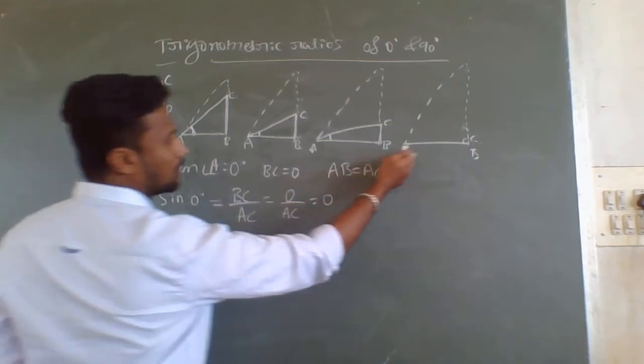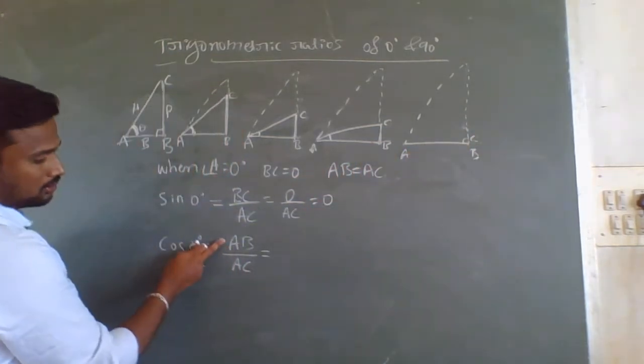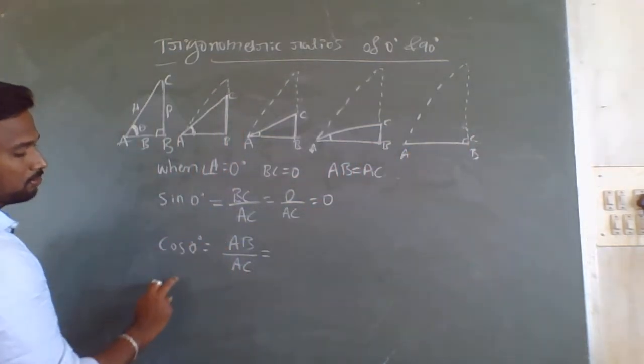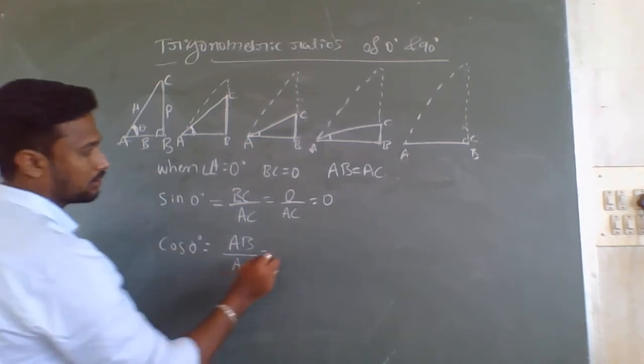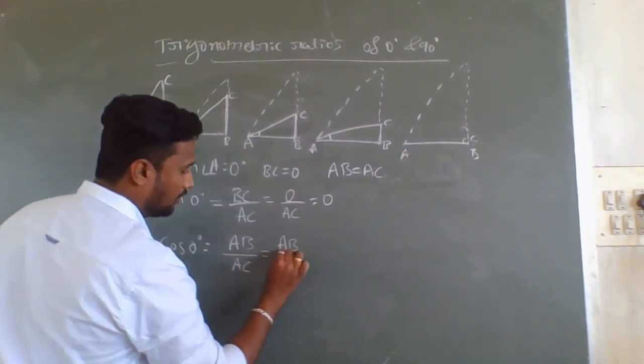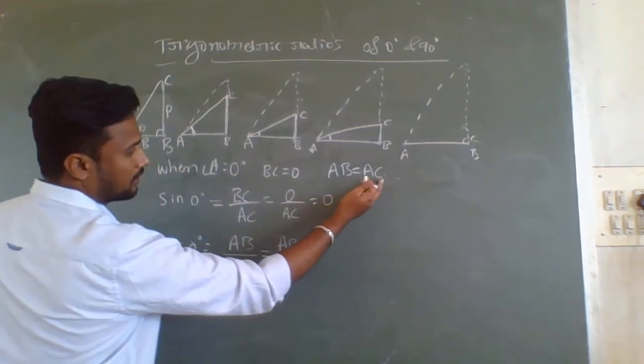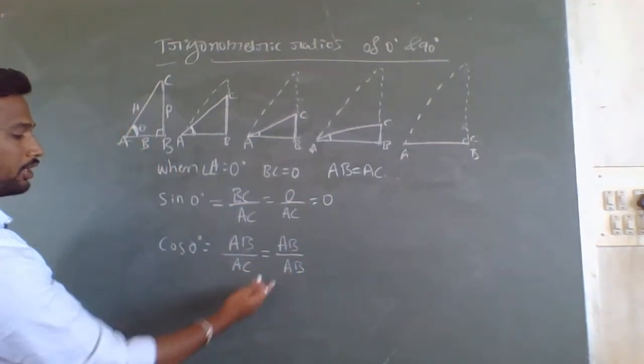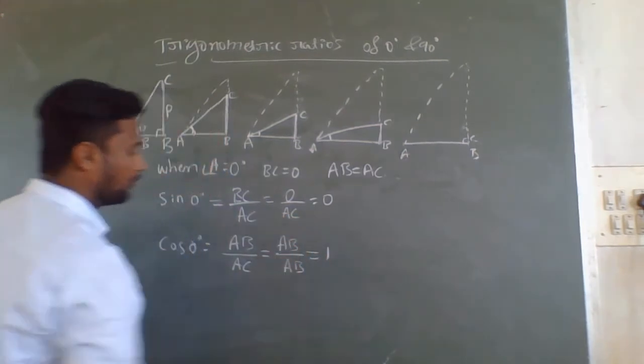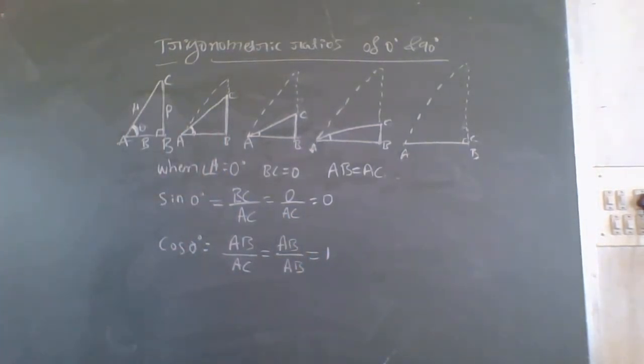Here you can see AB equals AC, so these two are the same. So you can write AB by AB only, because this AC equals AB only. Therefore AB by AB, what will you get? 1. So cos 0 value is 1.